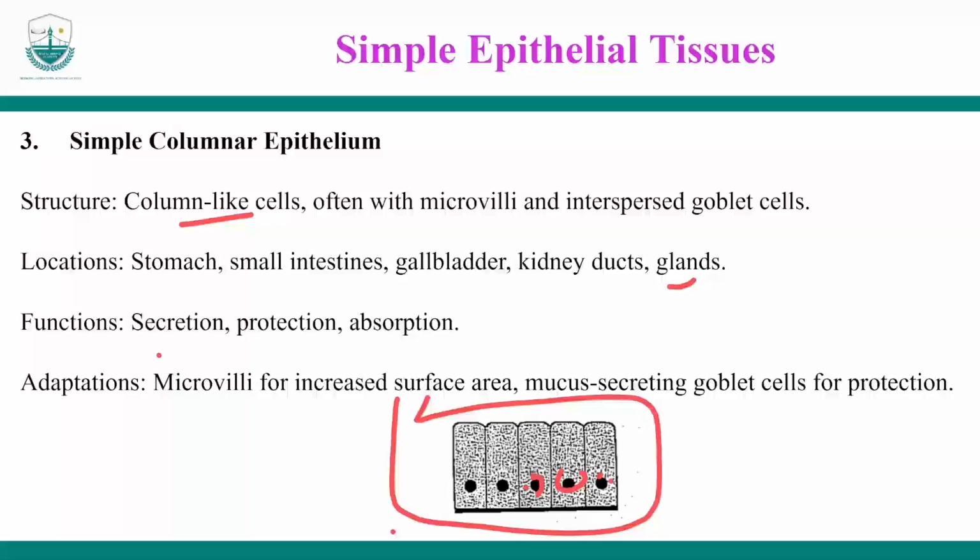So it is used for absorption, protection, and secretion. They have microvilli that increase the surface area for absorption, in the small intestine especially. And even in the stomach, you have goblet cells that produce mucus that protects the stomach wall against the aggressive hydrochloric acid.